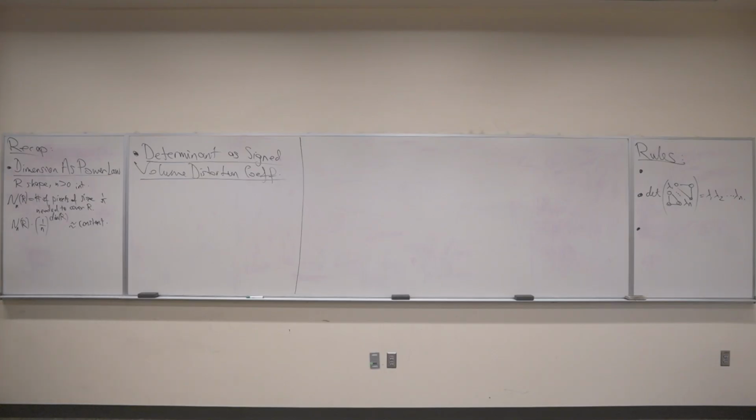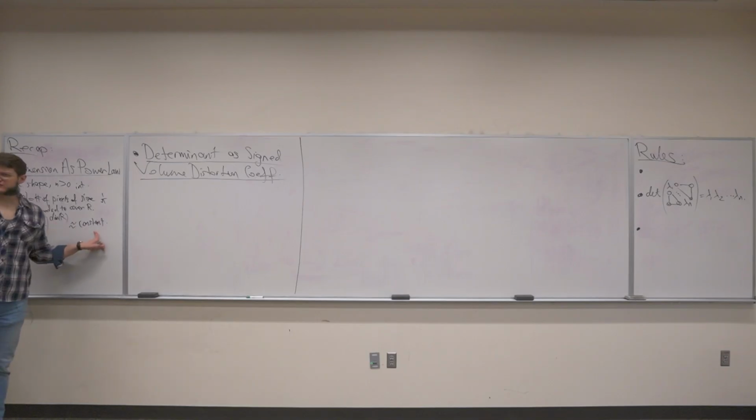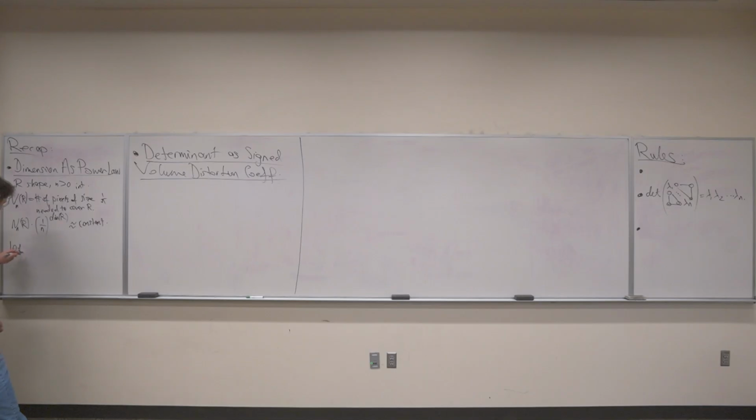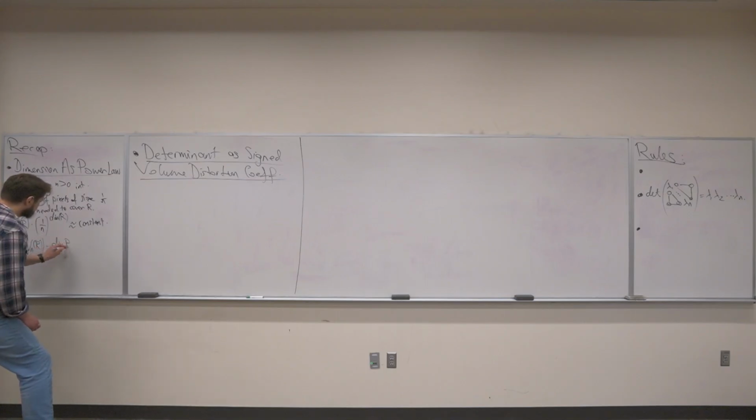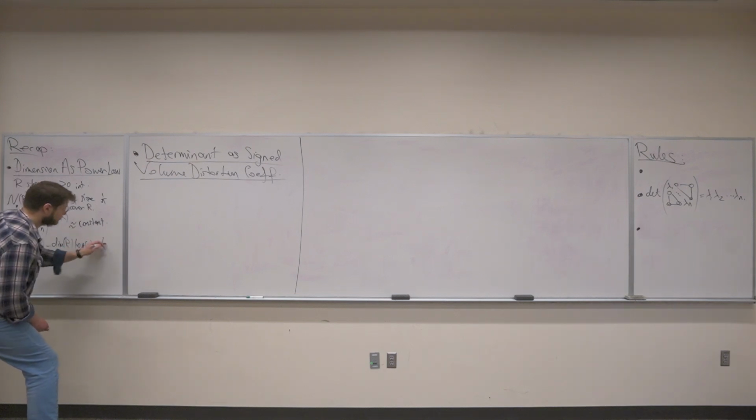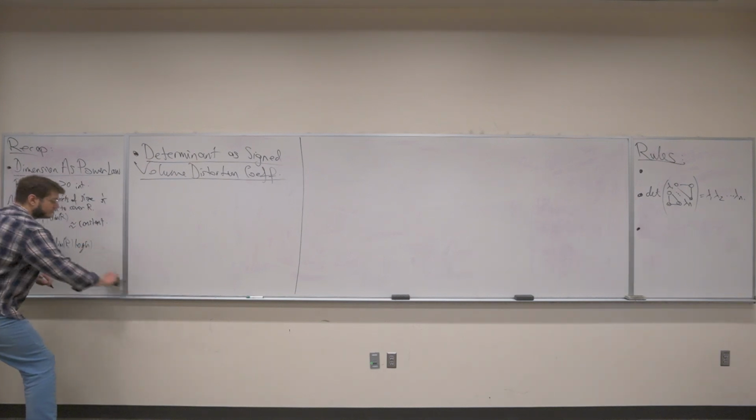And if you want, you can, in fact, solve this for dimension using logs and get rid of this constant as well. So you would take, for instance, logs of everything. Minus, because that's in the denominator, dimension of R times log of n equals, or approximately, log of some constant.